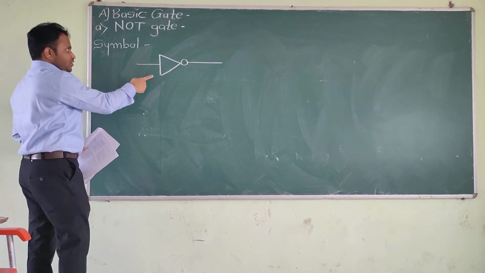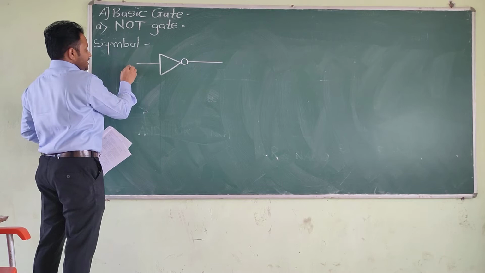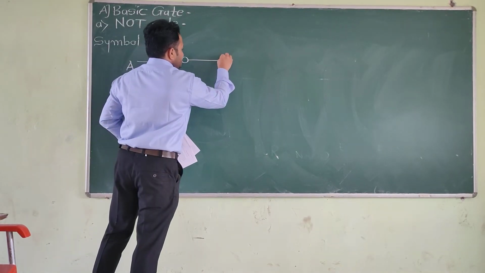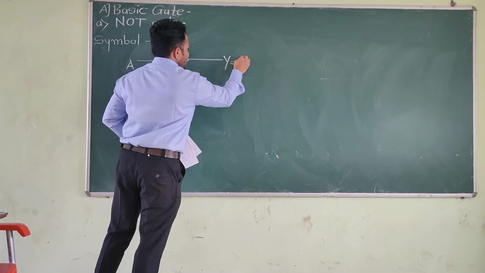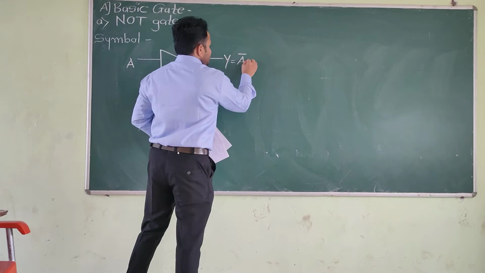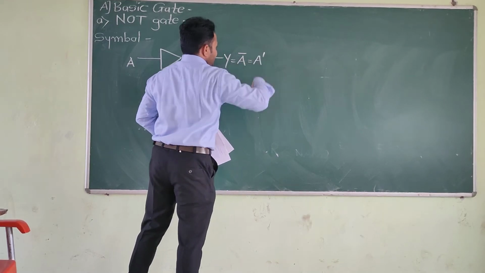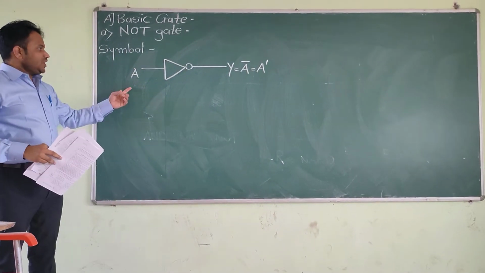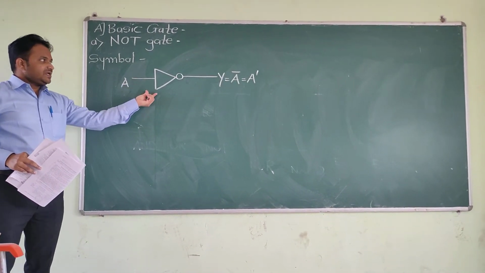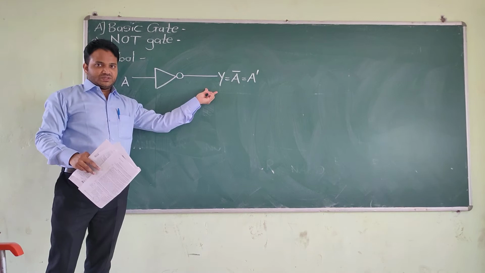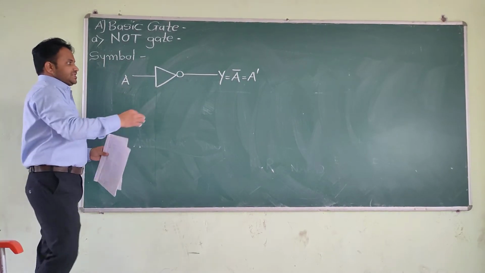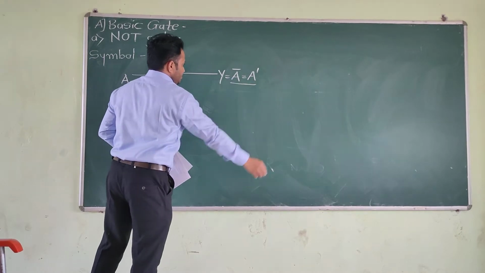So this is the symbol of NOT gate. The input is denoted by the letter A, and its output, suppose it is Y, is equal to A bar, which can also be written as A dash. The meaning of this is that whatever input is given to this gate, it will be inverted. So it's a complement form of the input. This is called a complementary output.